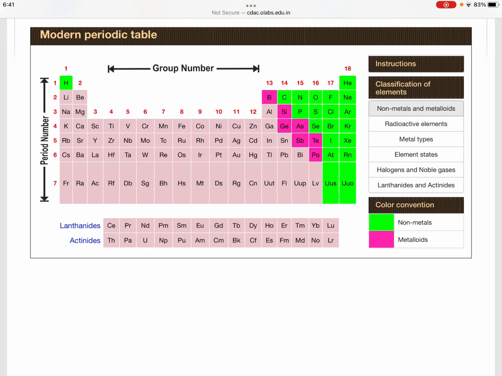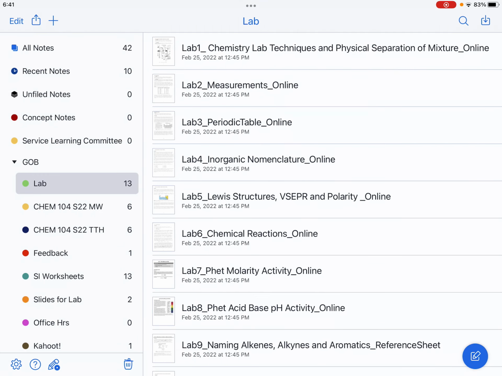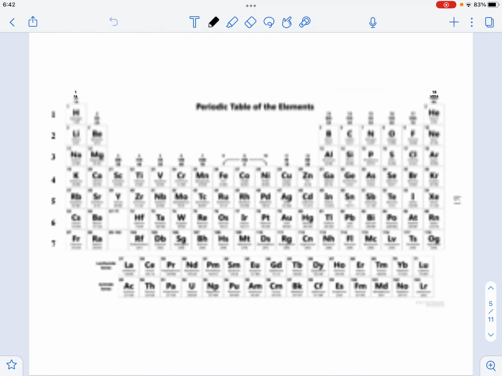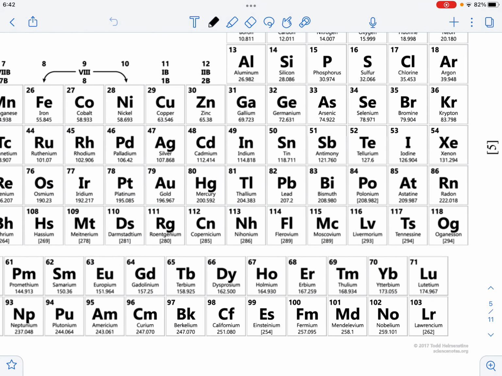So for example, here for the last 2 nonmetals, UUS and UUO, you would do the following. You will go back into the lab sheet, and you will see that those 2 elements are going to be tennessine, which is 117, and then oganesson, which is 118.